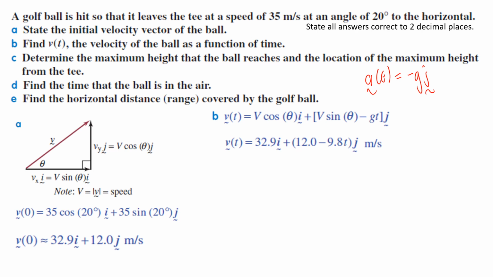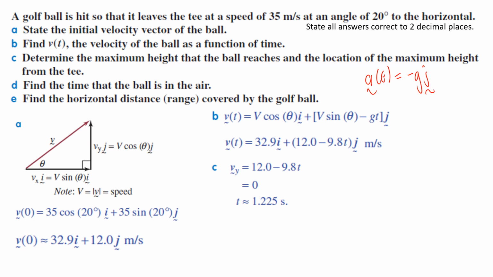From there we need to determine the maximum height the ball reaches and the location of the maximum height from the tee. So basically the x and y components of the turning point of its parabolic path through the air. As we said before, all we need to do is focus on the j component of our velocity vector function and set it equal to 0, because when it's traveling perfectly horizontally, we know it's reached its maximum height.